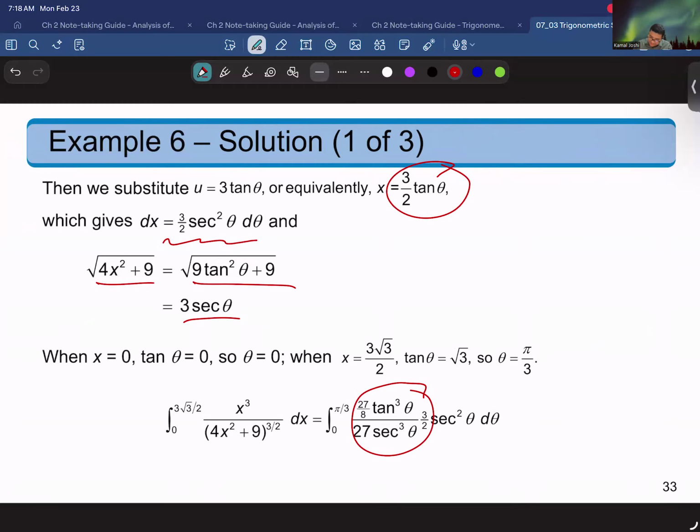And by the way, the limits are also changed. When you are doing a definite integral, we have talked about this earlier also. You can either change the limits now or not change the limits now, just do the definite integral. At the end, get everything back in terms of the original variable, which is x here, and use the original limits.